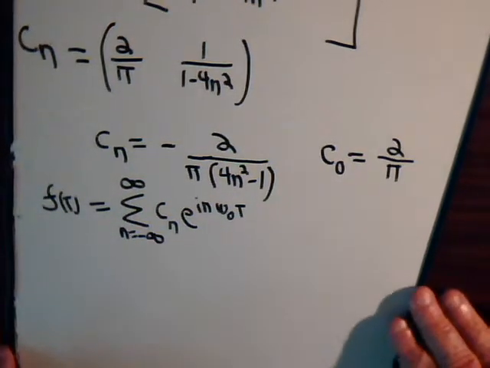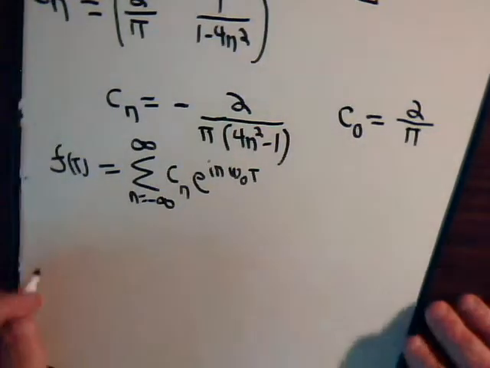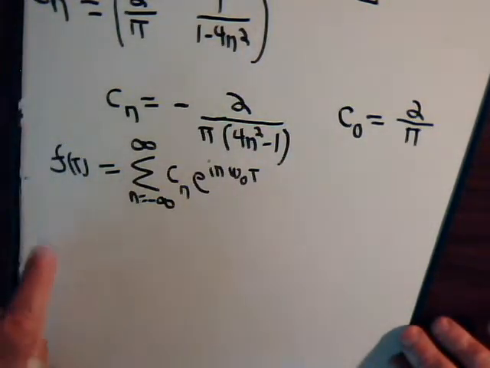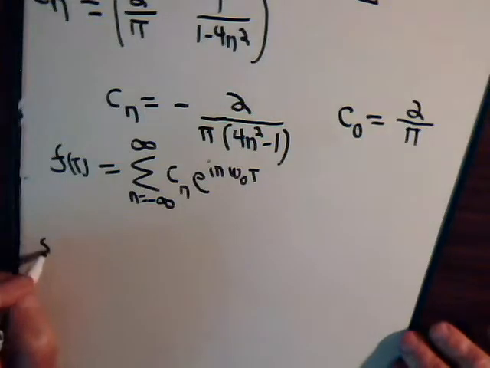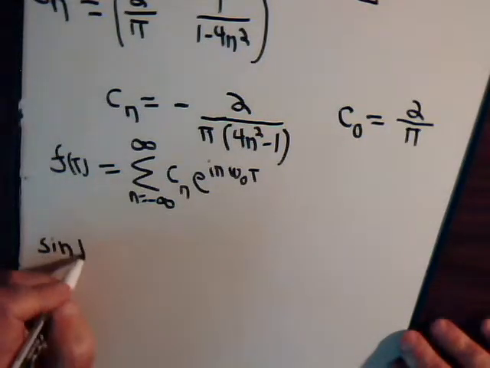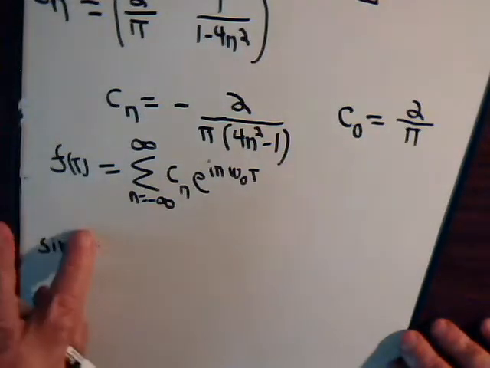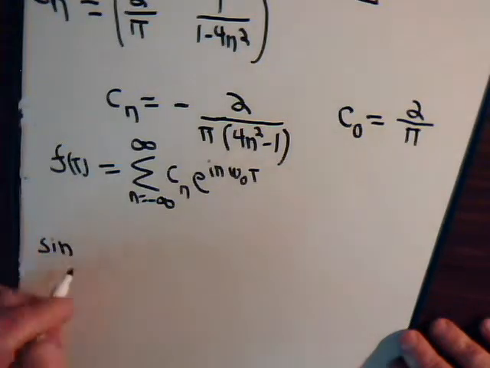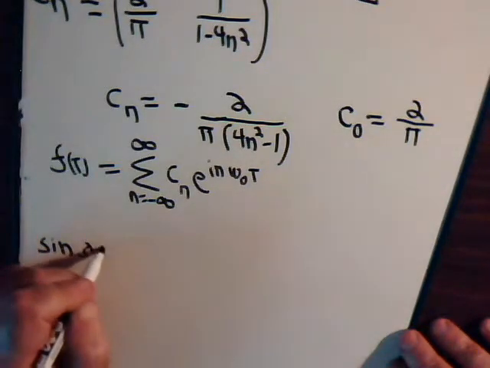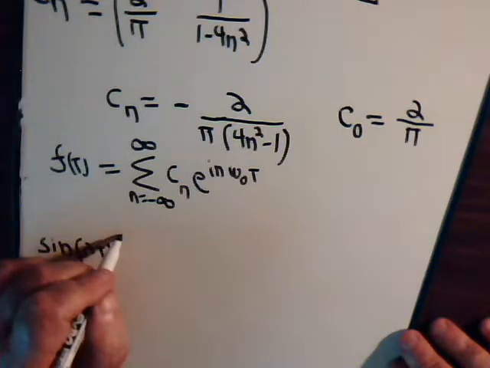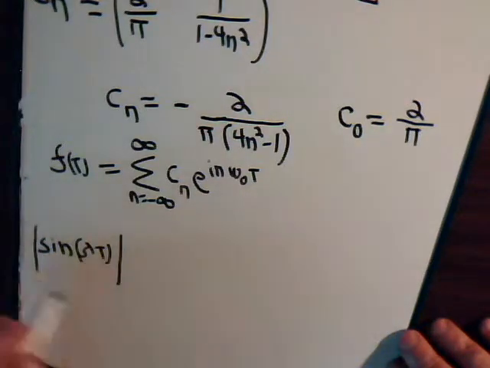So here what we can say for our problem, sine of that was lambda times t. We're taking the absolute value of this.